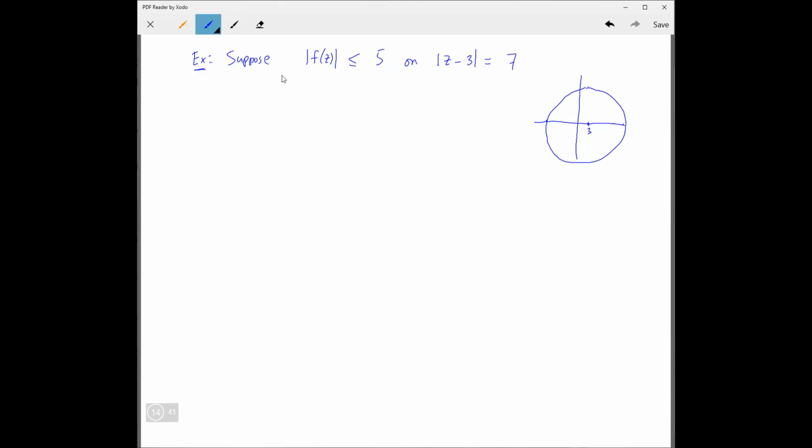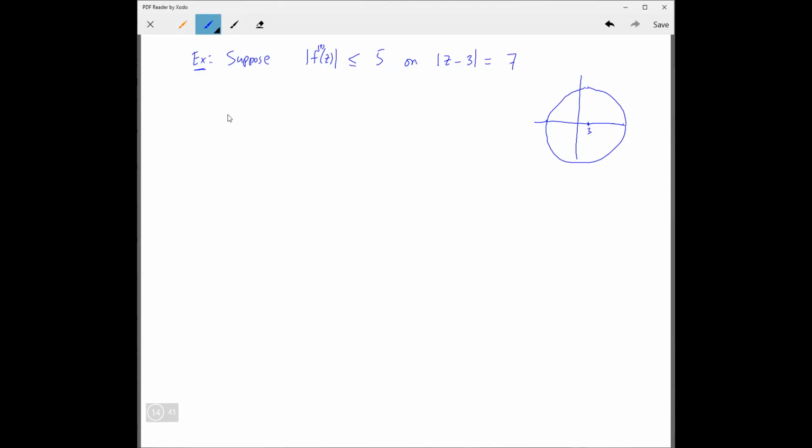Instead of that one, we'll put a derivative. So what do you want? The third derivative or the fourth derivative? Third. Okay, the third derivative. So the modulus of the third derivative of f is less than or equal to 5 on this disk right here.